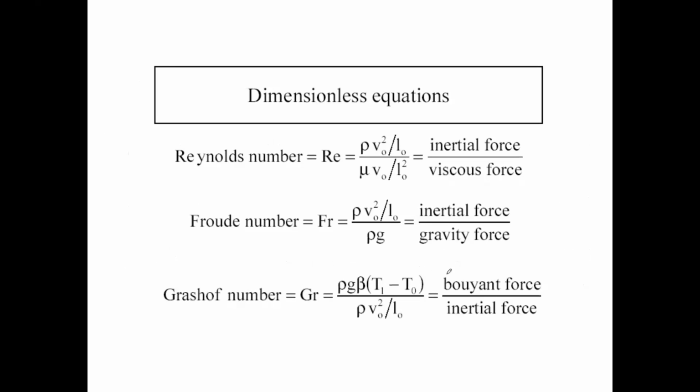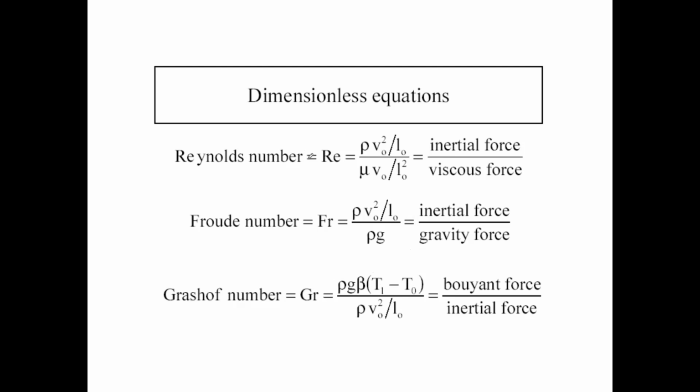If you remember the forced convection and the free convection, for free convection we use the Grashof number, which is buoyant force divided by inertial force. All of them have different units, so when you divide two of them together, they have a dimensionless form. But the quantity will tell you what is happening.